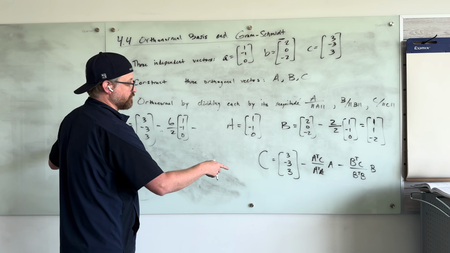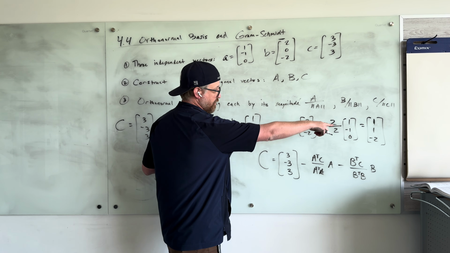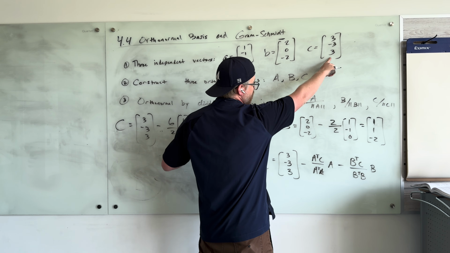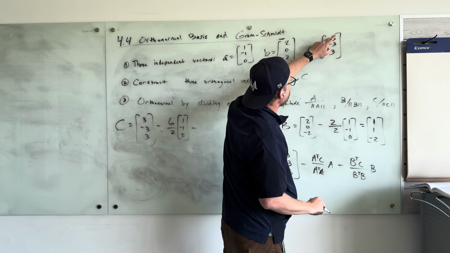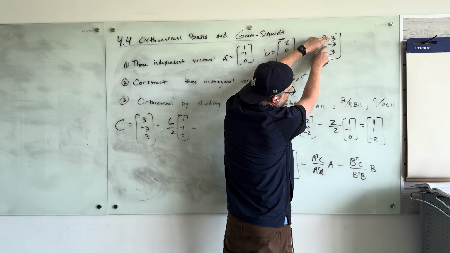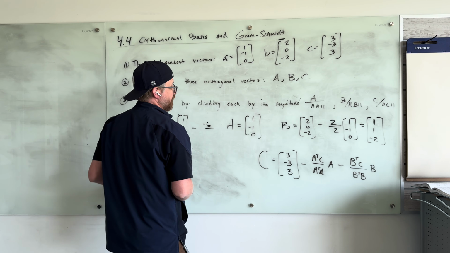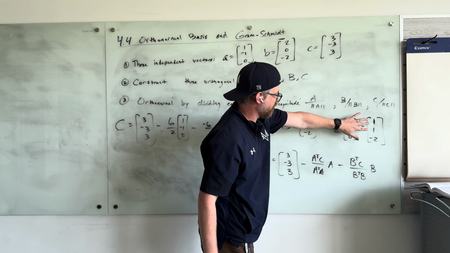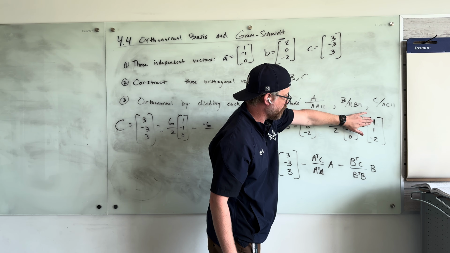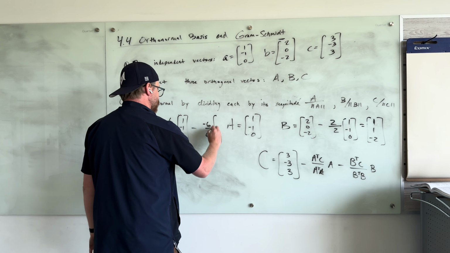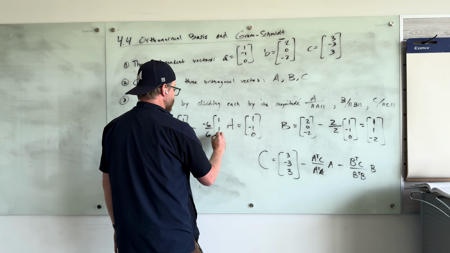Minus B transpose C, so taking B, which is 1, 1, negative 2, if I do that here, so 3 minus 3 is 0, negative 6, divided by B transpose B, so if I dot this with itself, 1 plus 1 plus 4, so 6, times B, so 1, 1, negative 2.